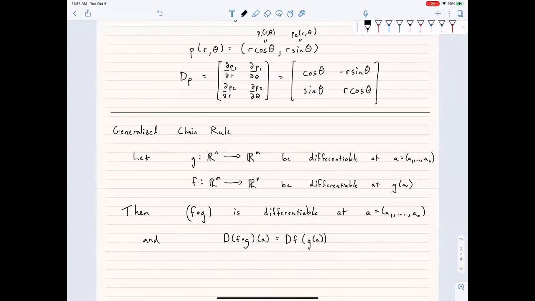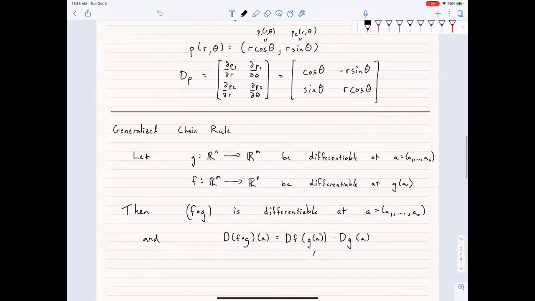That's a P by M matrix. And we can multiply that matrix by the derivative of G at A, which is an M by N matrix. This is going to be P by M, this is going to be M by N, so they can be multiplied.